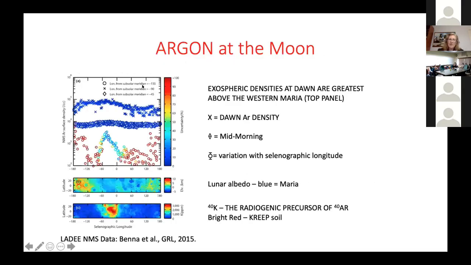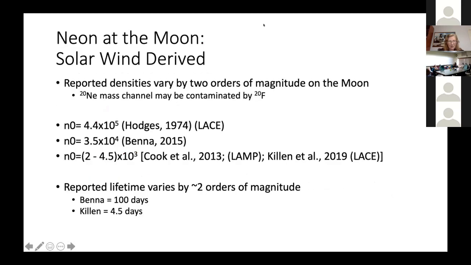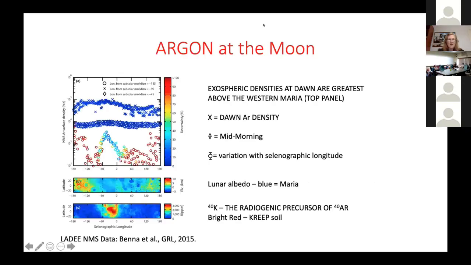And it's interesting that if you look at the LADEE measurements, which are, whoops, went too fast. At any given particular time of day, the argon is fairly constant.